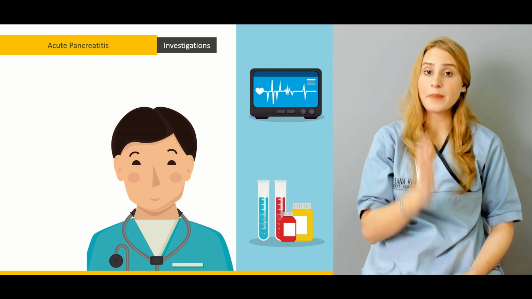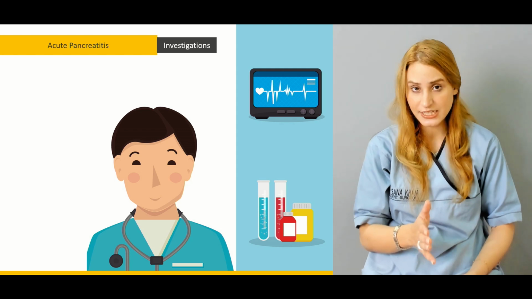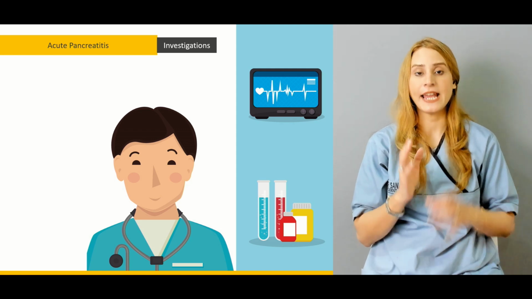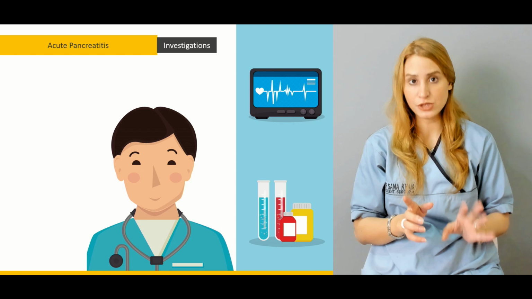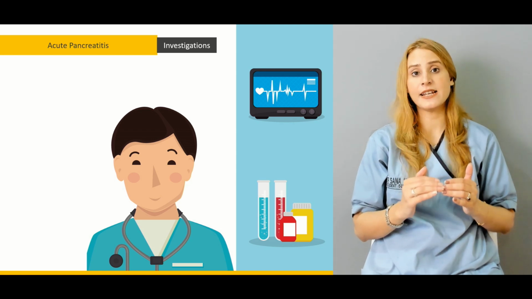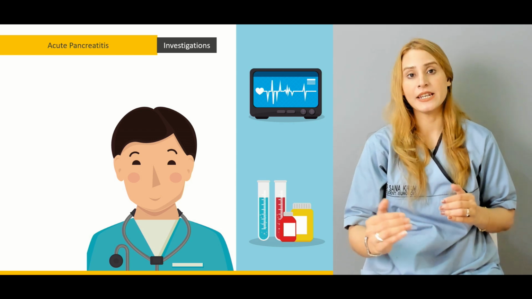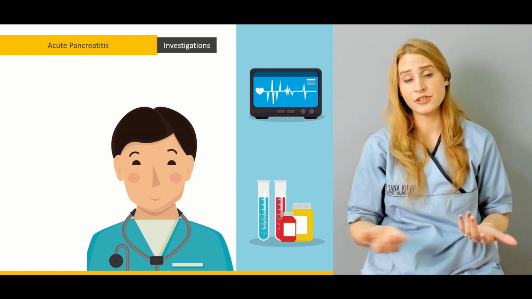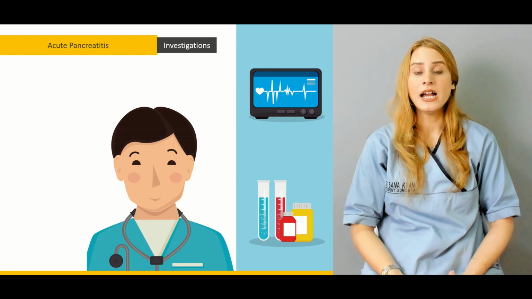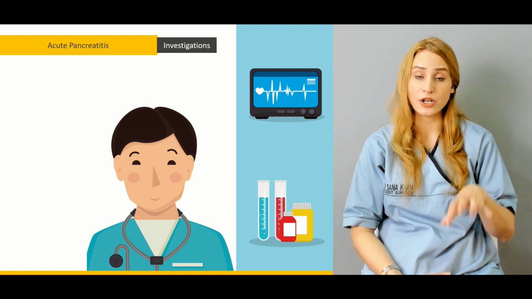But lipase has more sensitivity and more specificity for acute pancreatitis. And one very important thing is that the serum amylase level should be increased threefold in its quantity or amount.